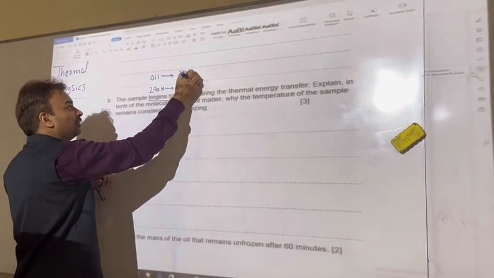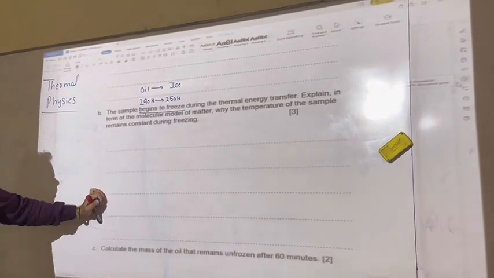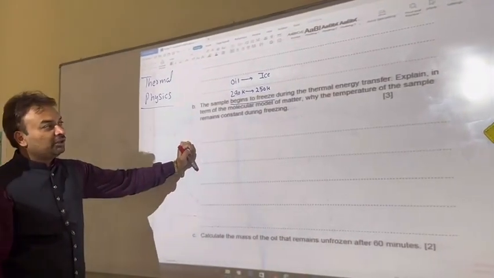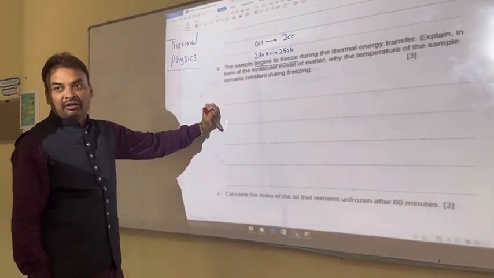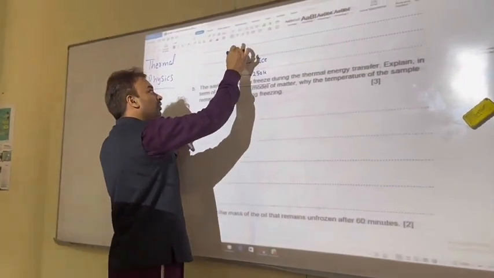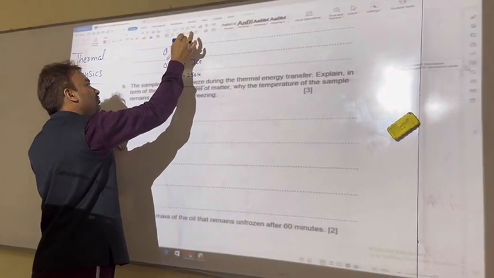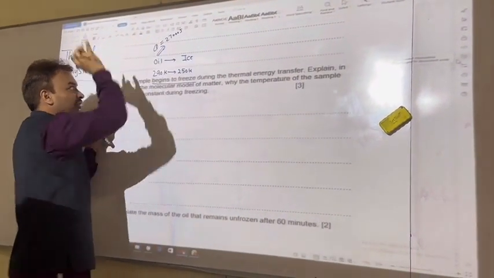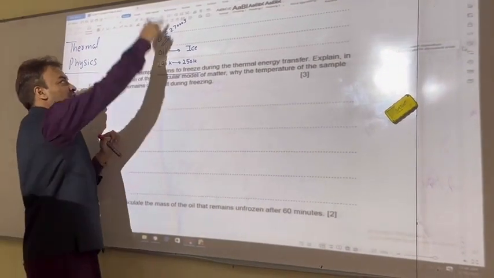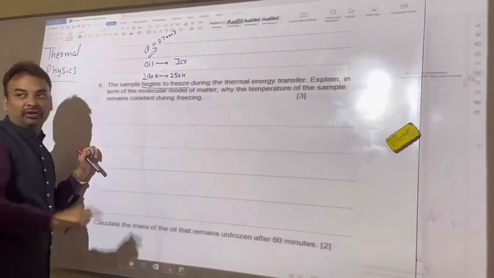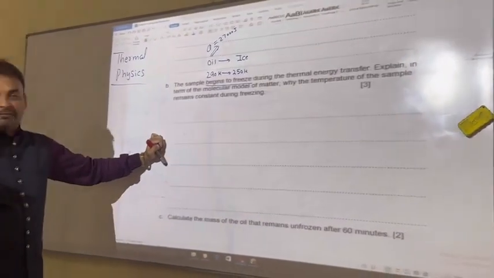This process is going on. Oil to ice. The sample begins to freeze during the thermal energy transfer, when energy Q equal to 27000 joule is transferred to the refrigerator. When this much energy is transferred to the refrigerator, the oil changes from liquid.